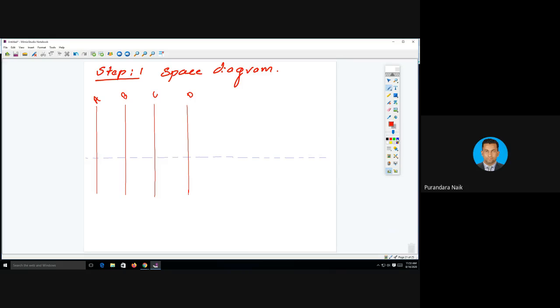Let us show the distance somewhere here. The first one, A to B, is 0.6 meter. B to C also is 0.6 meter. C to D also the same, 600 millimeter or 0.6 meter. All the distances are equal, that is 600 millimeter.